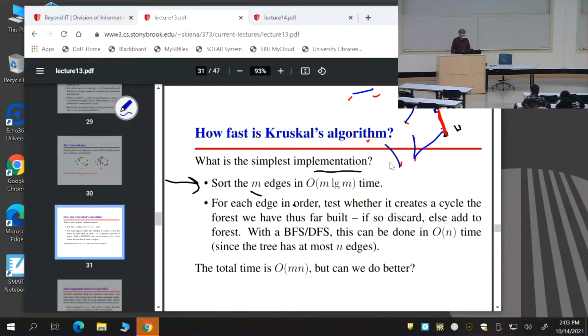How would I be able to tell that? Can someone give me a test? Maybe slow, but given the edges currently in my tree and my new edge, how can I tell if that new edge created a cycle?